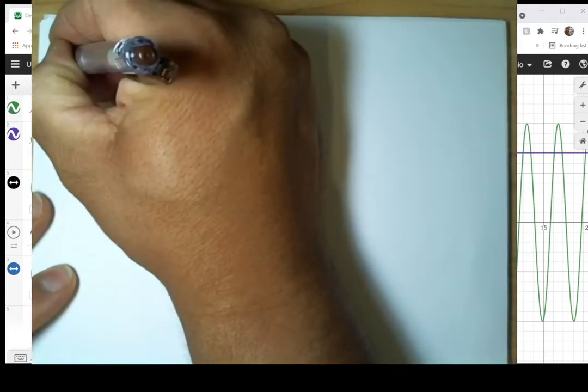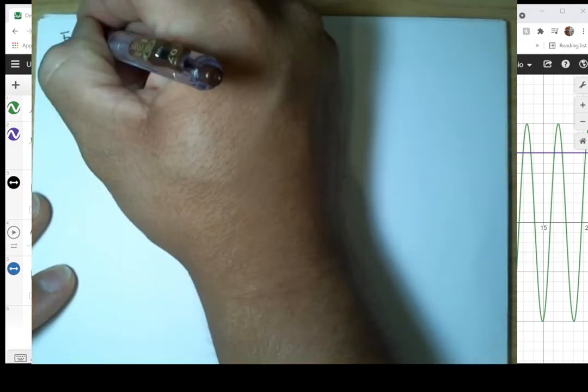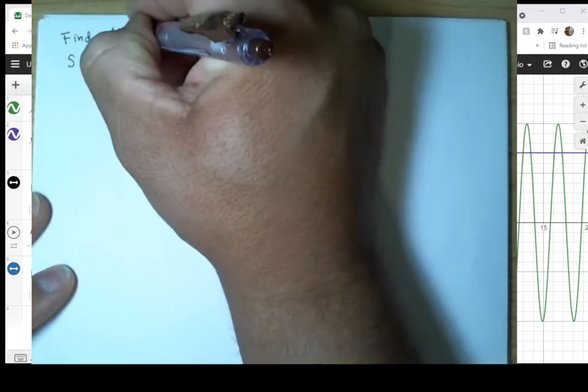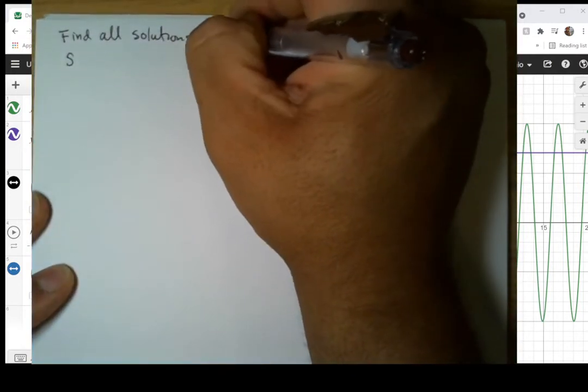Where we have sine, and again here the directions will be the same. We're going to find all solutions to the following equation.